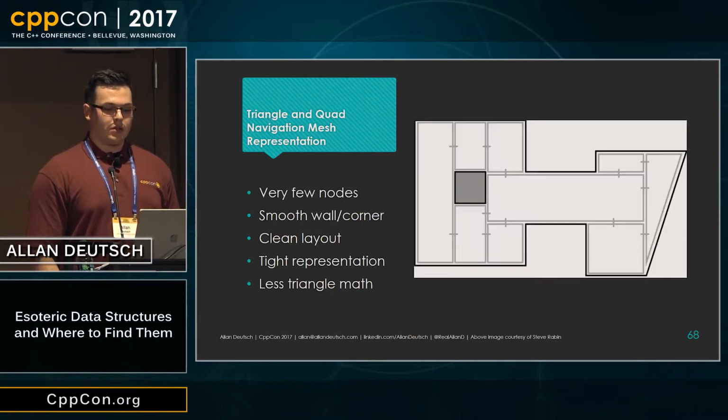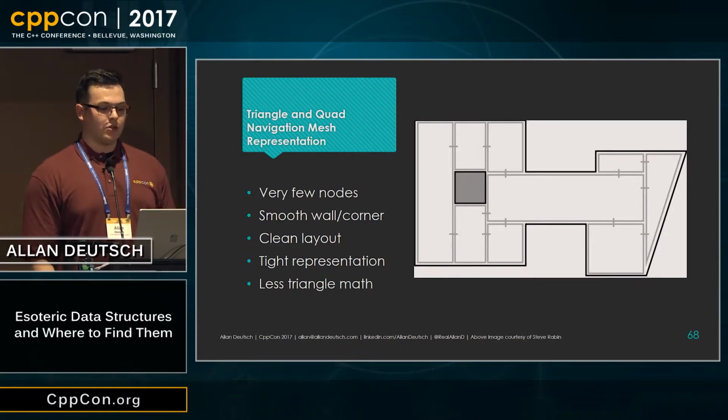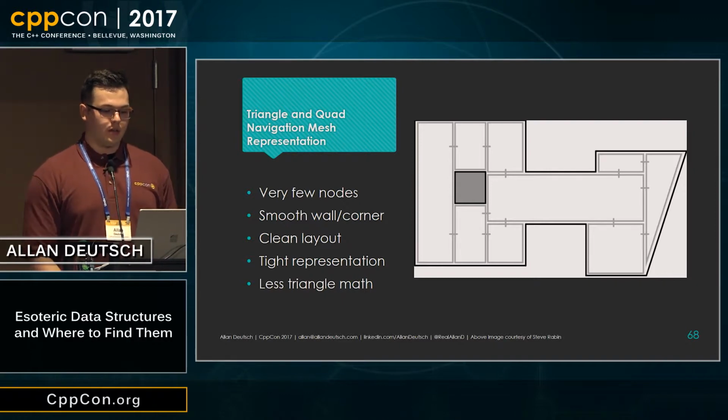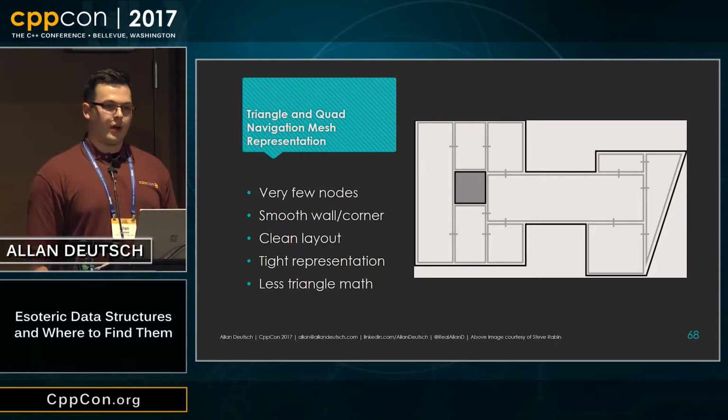Finally, we can look at a triangle and quad-based nav mesh representation. So in this, there's very few nodes. The walls and corners are all smoothly handled. It's got a pretty clean layout. It tightly represents the search space, and as an added bonus, all of that expensive triangle math is mostly avoided with just one triangle on this representation.